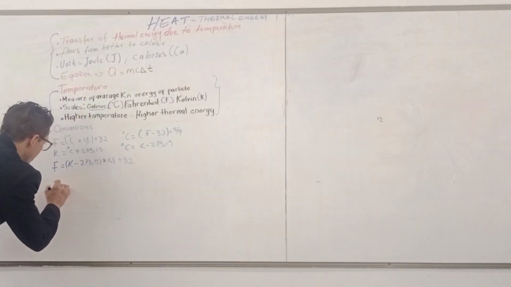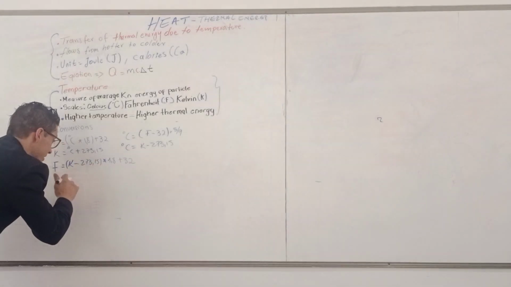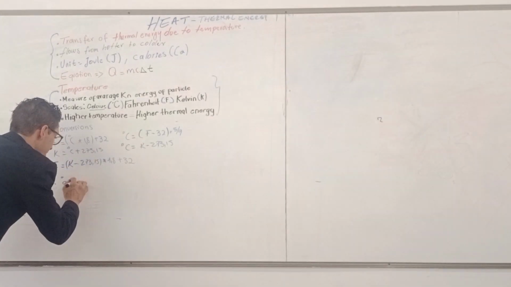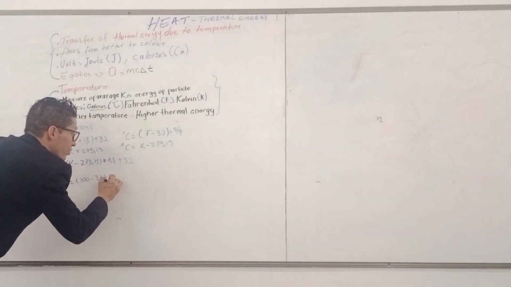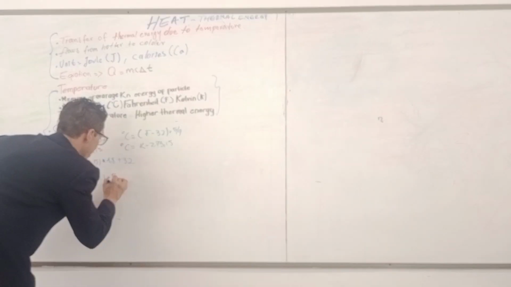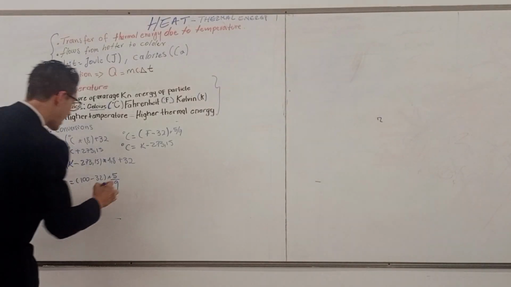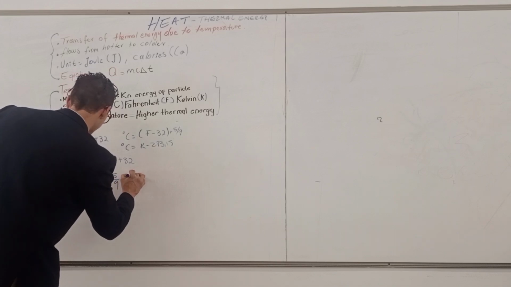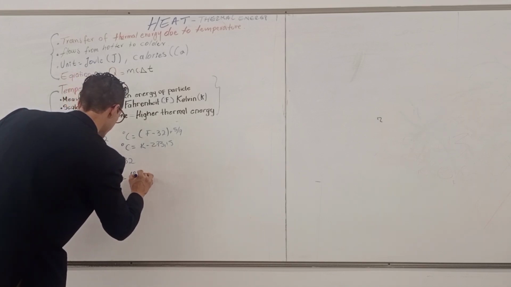Then I'm going to convert here, right? From 100 Kelvin, right? How much is 100 Kelvin? 100 Kelvin in Celsius, 100 Fahrenheit. Minus 32, multiply it by this, right? Then the answer would be 38.